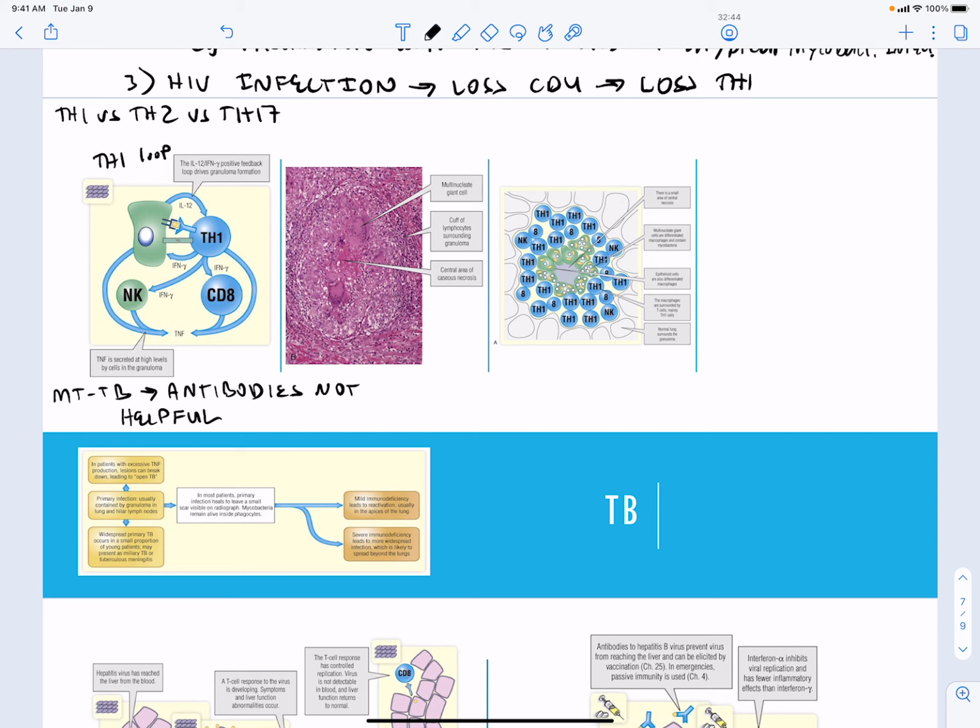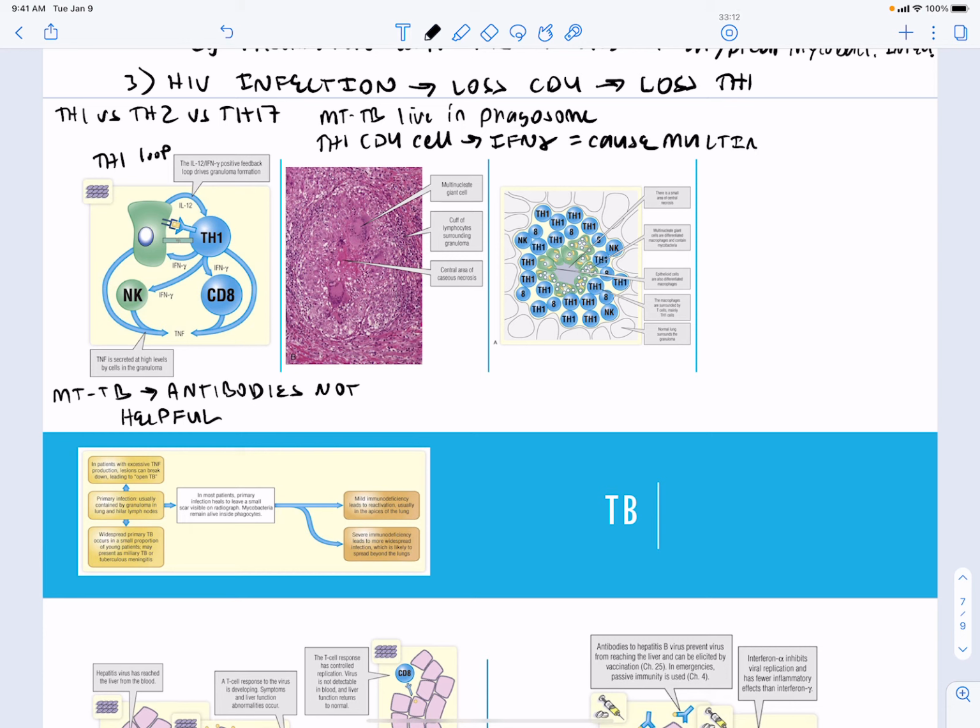And so the macrophage cannot eliminate the bacterium. And they cause multinucleated giant cells to form because the Th1 CD4 cells will release interferon gamma, and it causes the multinucleated giant cells. They basically fuse. So you have many macrophages that fuse together, and they have lots of nuclei in them.